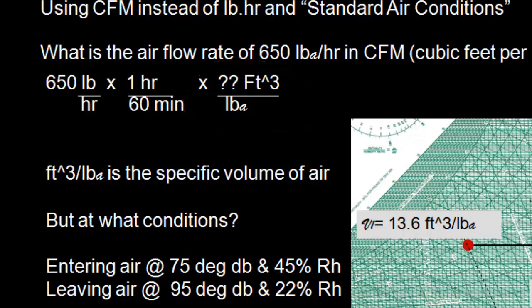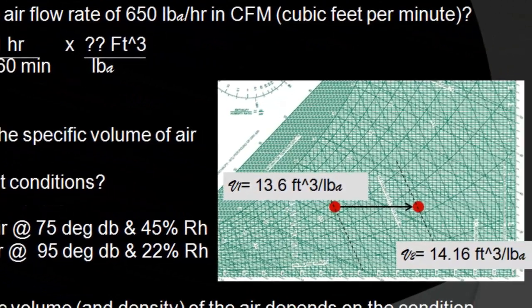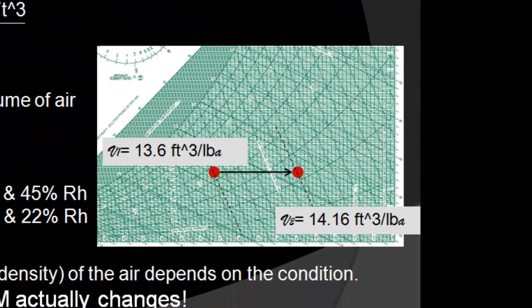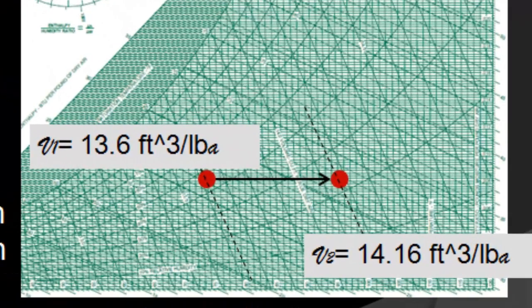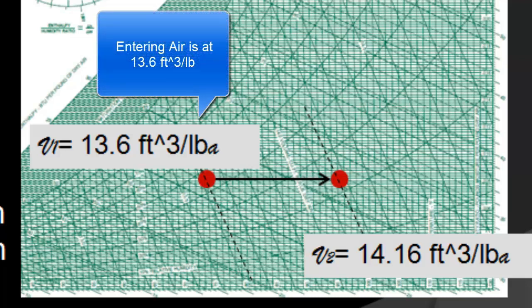The problem is, what is the specific volume of the air sample? At what conditions? Well, looking at the process line on the psychrometric chart, we see that the specific volume of the air entering condition looks to be about 13.6 cubic feet per pound of air.